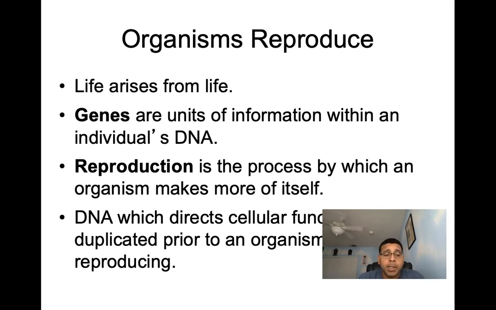Unicellular organisms reproduce asexually simply by dividing. Now there, the new cells have the same genes as the single parent.